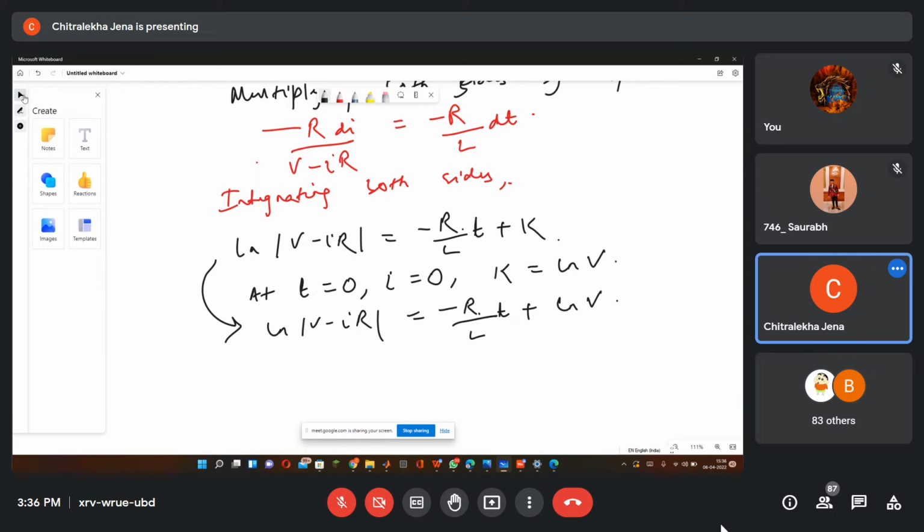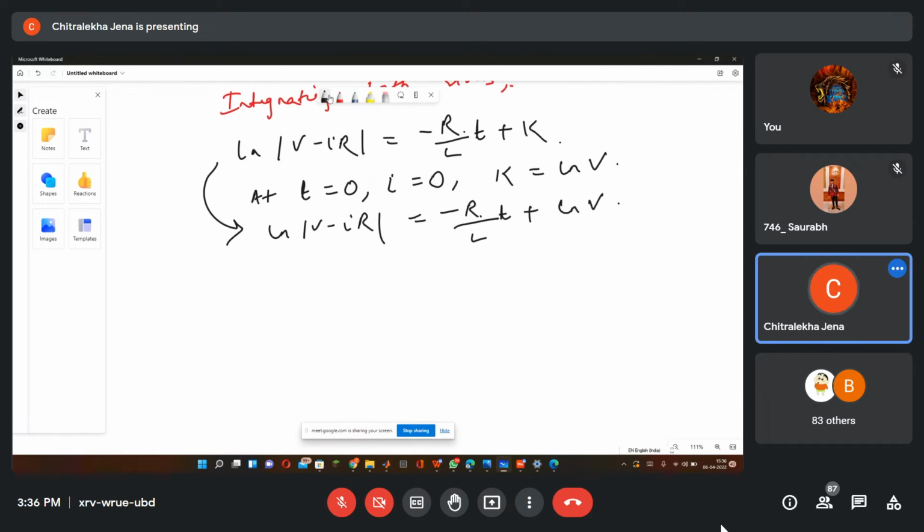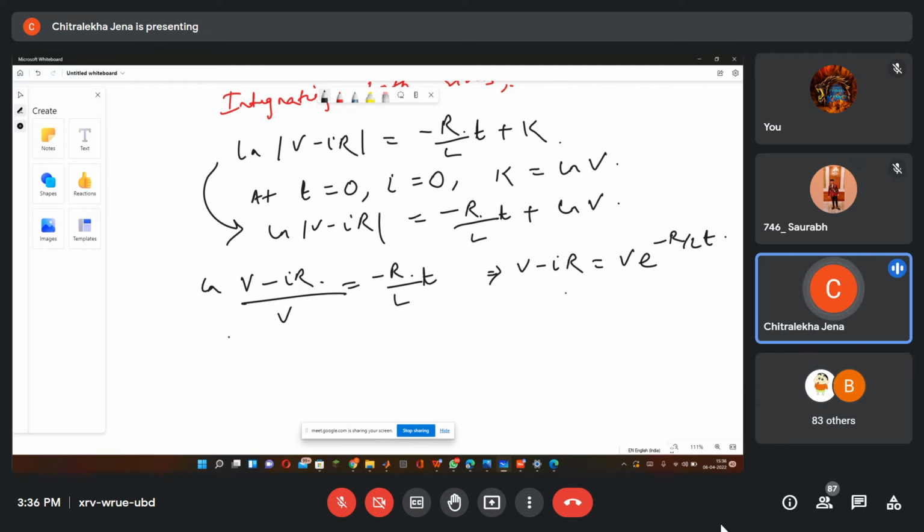Okay, understood? So here I can write down ln of (V minus IR) divided by V is equal to minus R by L into T. Or this implies V minus IR is equal to V e to the power minus R by L into T. Okay, or this implies I is equal to how much?